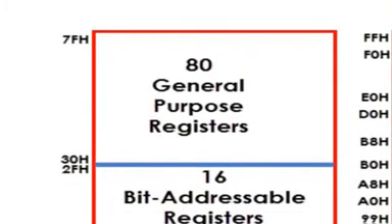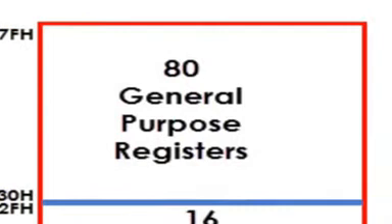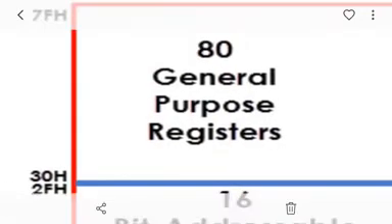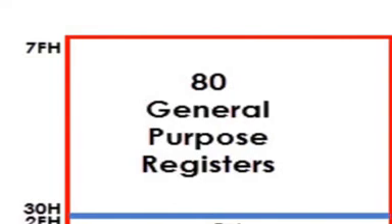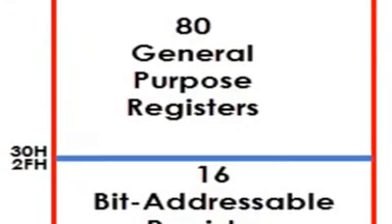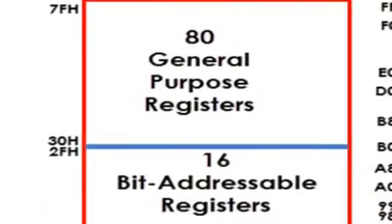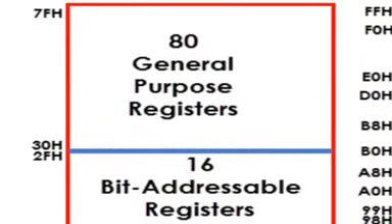The last part is general purpose registers, starting at 30H and ending at 7FH. This general purpose register area is also called scratch pad.